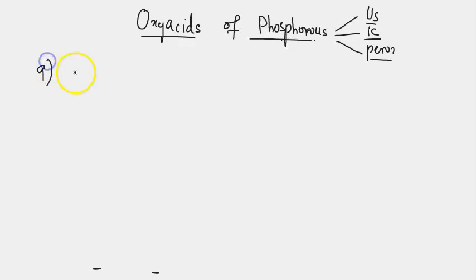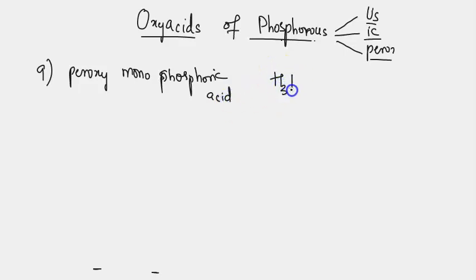Next one in the order is peroxymonophosphoric acid. The formula of this compound will be H3PO5, where the central atom is phosphorus, P connected to double bond O, connected to OH, OH.